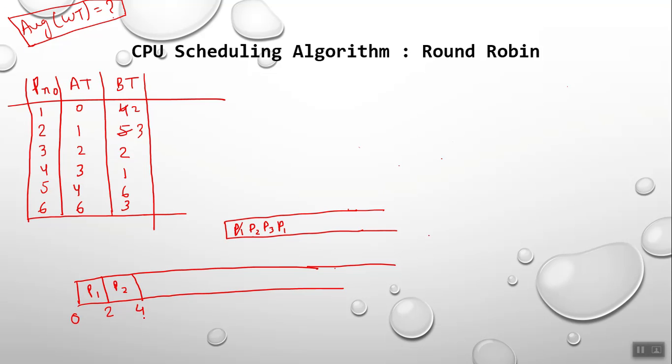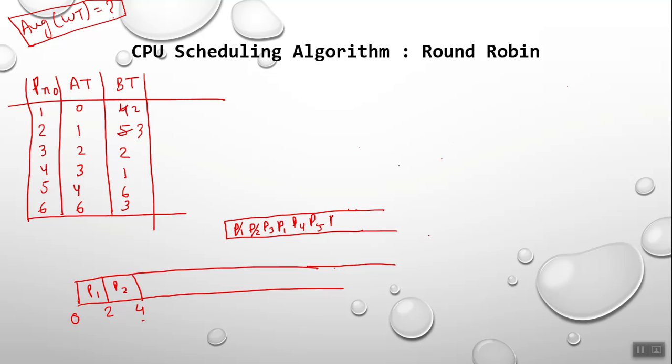At 4 units of time you will see that P4 and P5 will be available. So you can write it here this way: P1, P2, P4, P5.